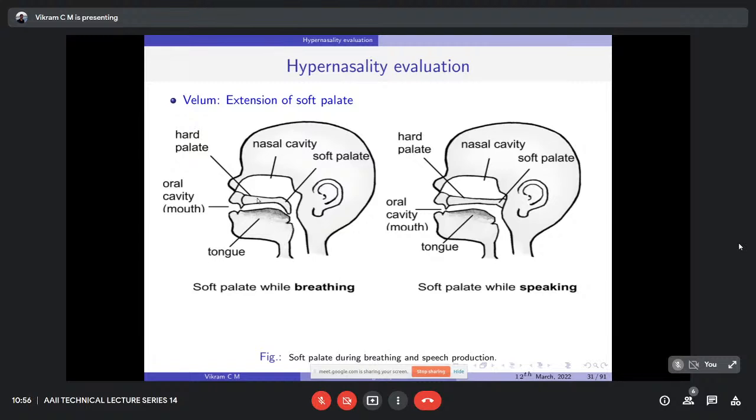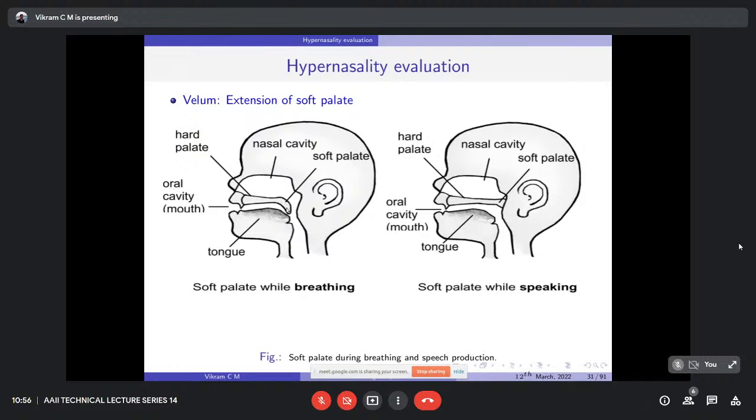And the main reason for the production of this hypernasal speech is explained here. There is an organ called the soft palate. The front portion is the hard palate. When it goes near our throat, it becomes soft, and it is referred to as the soft palate.